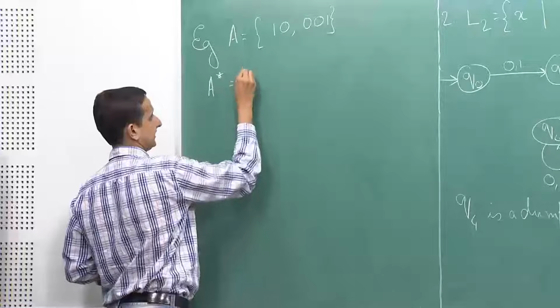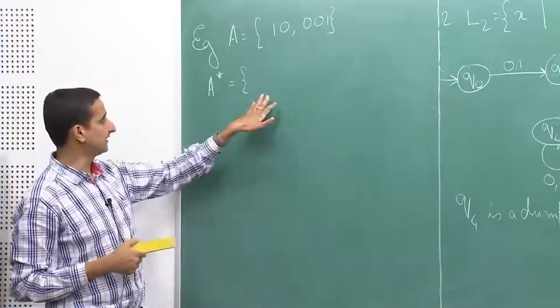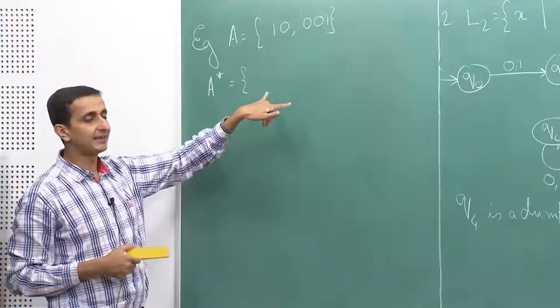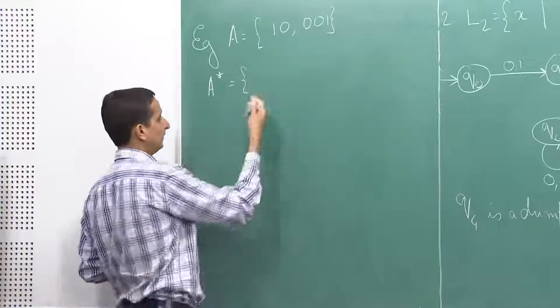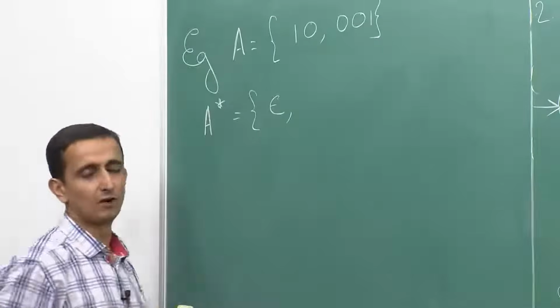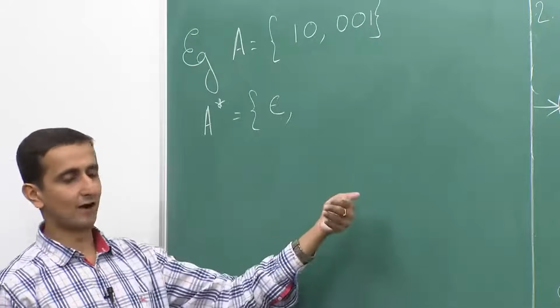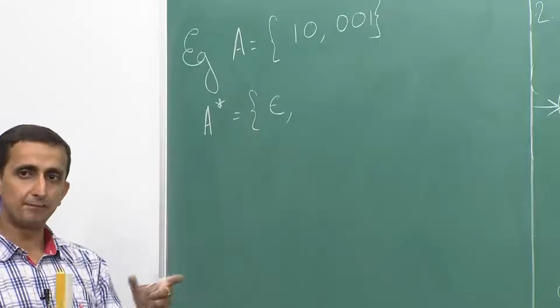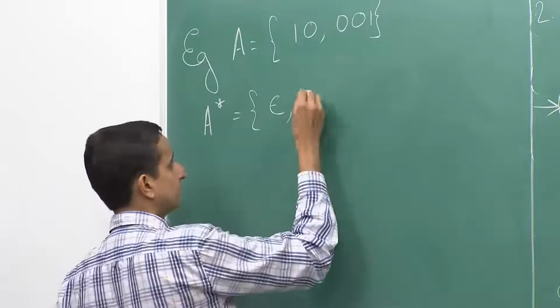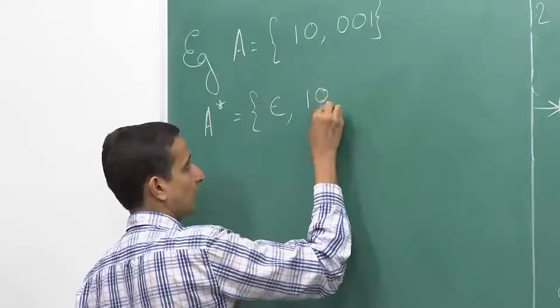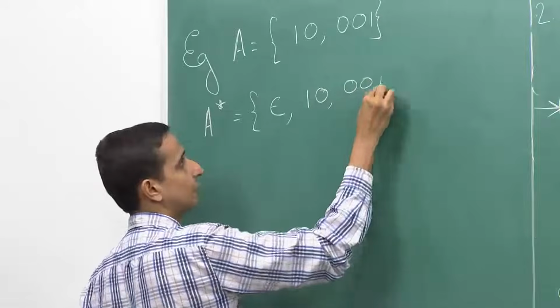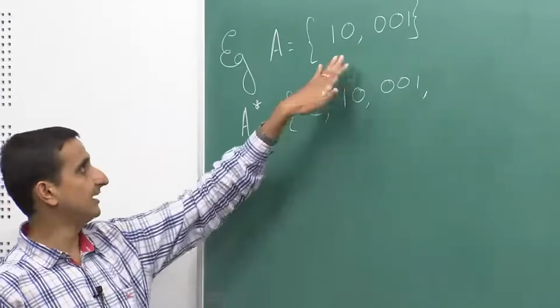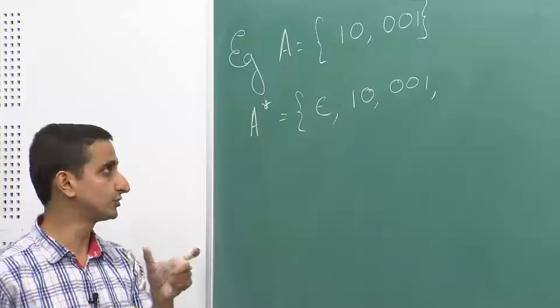Okay. So, in A star, first I look at all strings that I get by taking k equal to 0. So, if k is 0, the only string that is possible is epsilon. Then I take k equal to 1. Okay. So, I look at all strings from A by combining only one string at a time. So, it consists only of the strings 10 and 001. Next I take k equal to 2. Okay. So, I combine two strings.